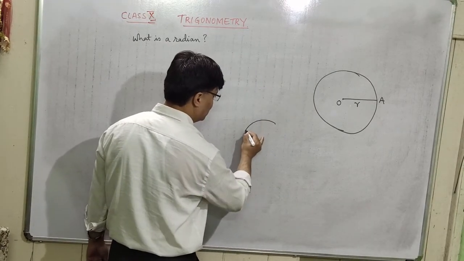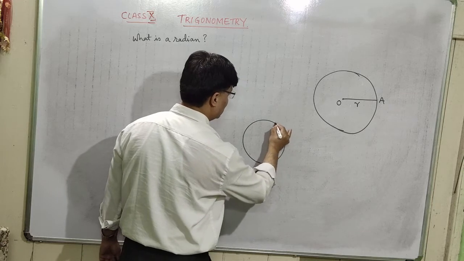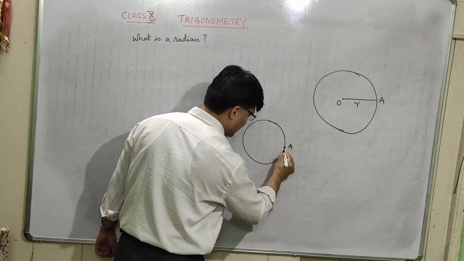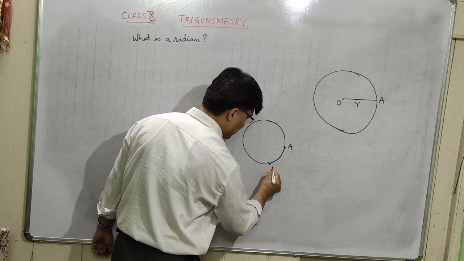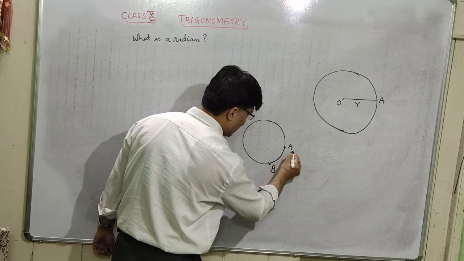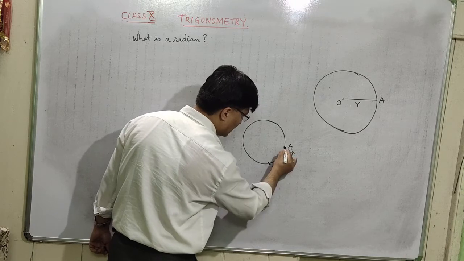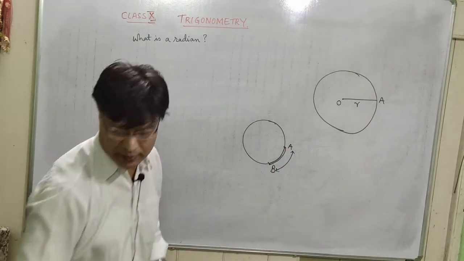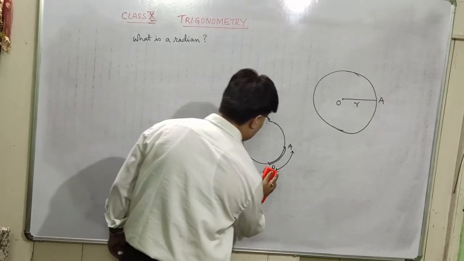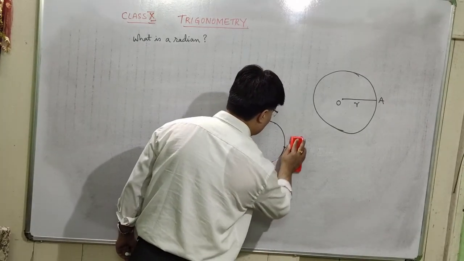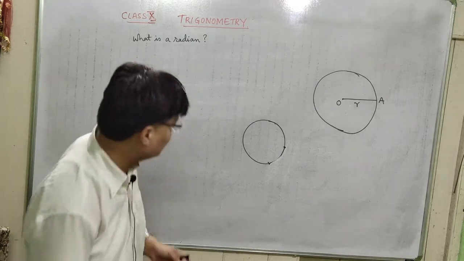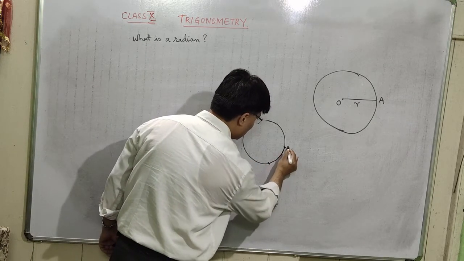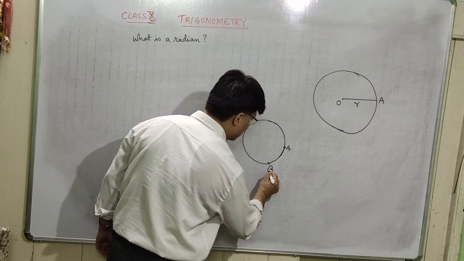Suppose this is a circle, and suppose this is A, and suppose this is B. So this is known as an arc of a circle.